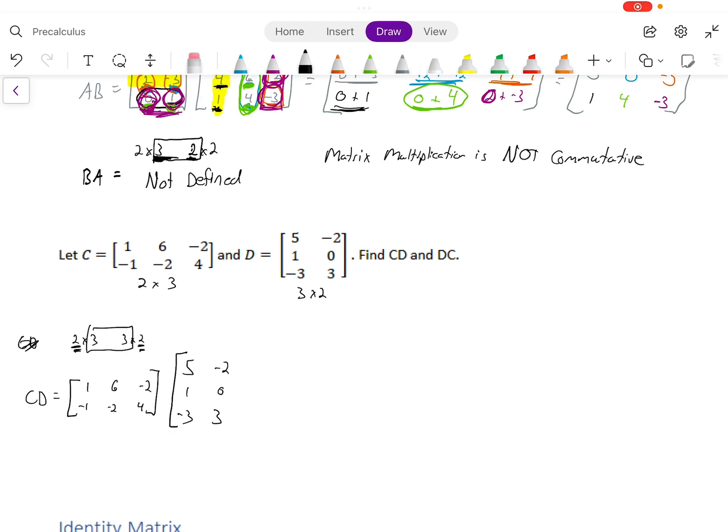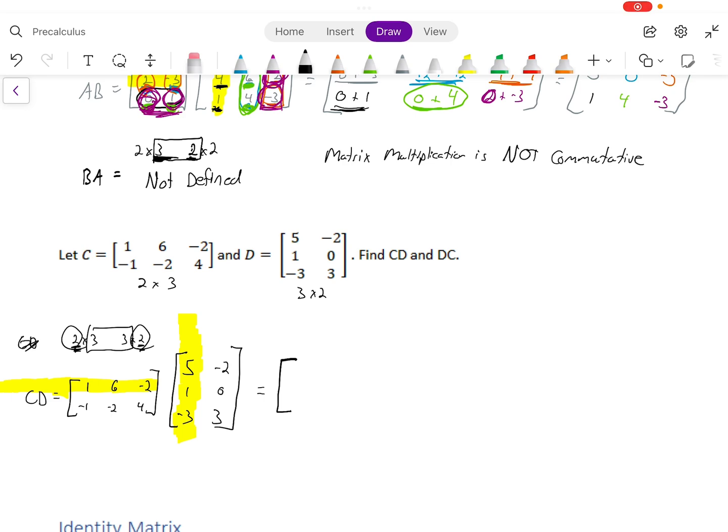I'm going to try something a little bit different here. So we're going to multiply these, and we're going to do the first row times the first column. All right, so let's check this out. We're just going to have an answer that's a 2 by 2, remember, 2 by 2.